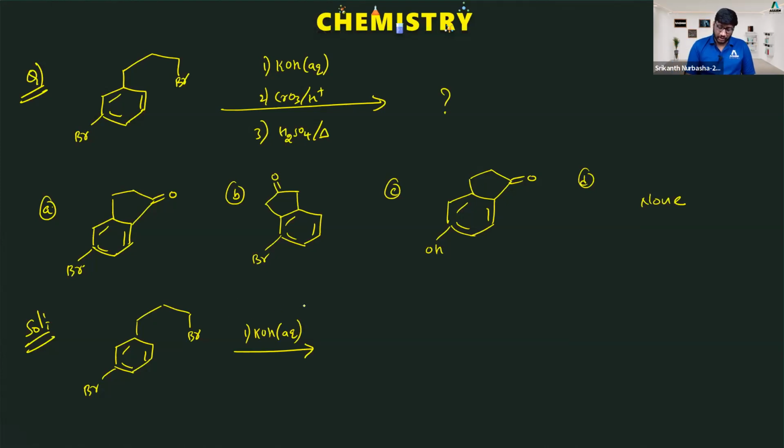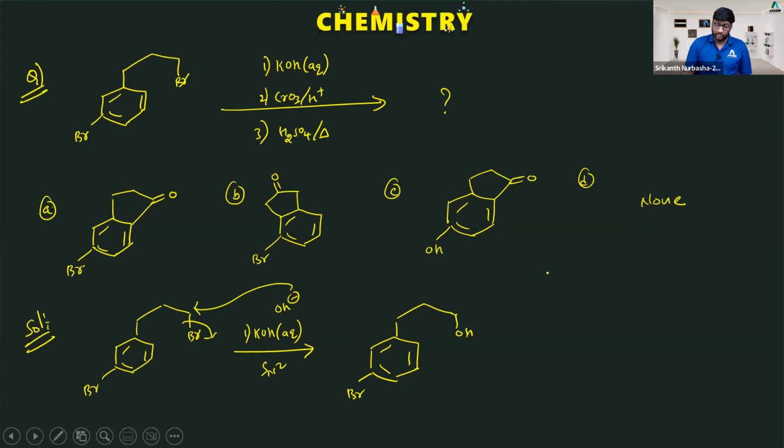Primary alkyl halide, so SN2 will occur. OH minus will attack the carbon where you have the carbon bromine bond with the leaving group. So you'll have Br, CH2, CH2, CH2, OH. Stereochemistry we have not included, just OH is present. But of course, SN2 means inversion of configuration occurs, Walden inversion.